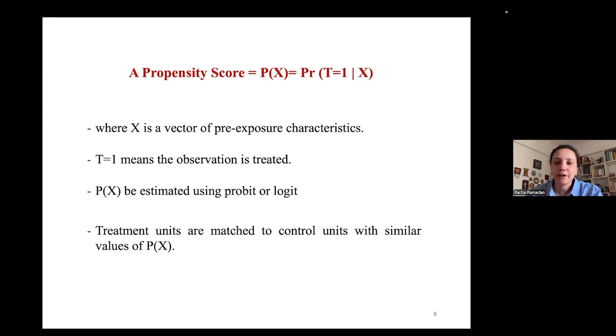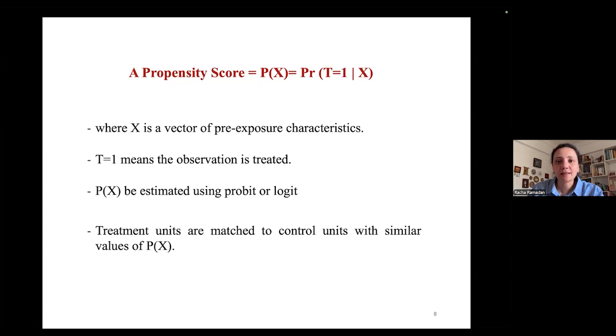So if we have the Takaful program, it will be 1 if the individual is benefiting from Takaful, 0 otherwise. If we are talking about a specific training or program for the labor market, it will be 1 if the individual is selected or benefiting from this program, 0 otherwise.